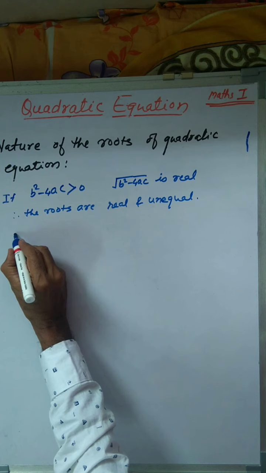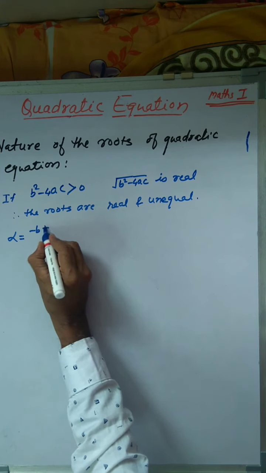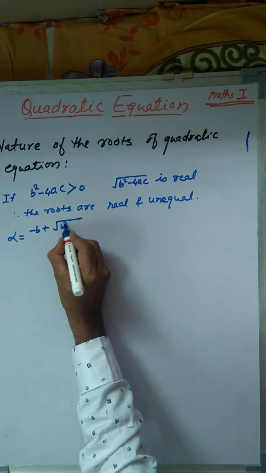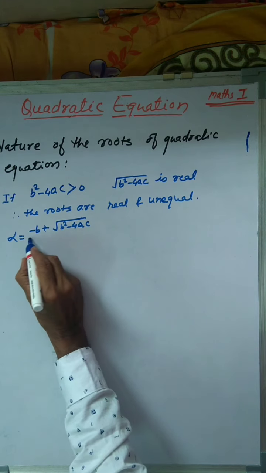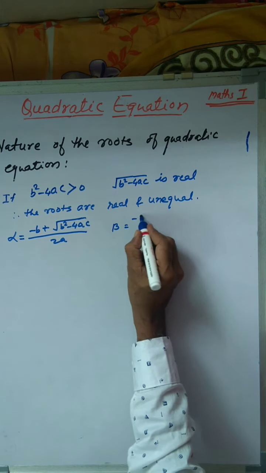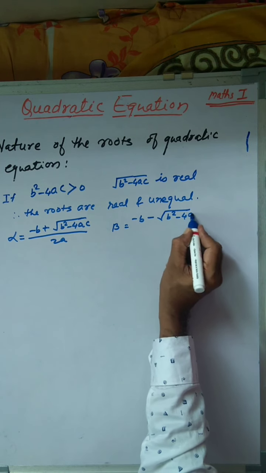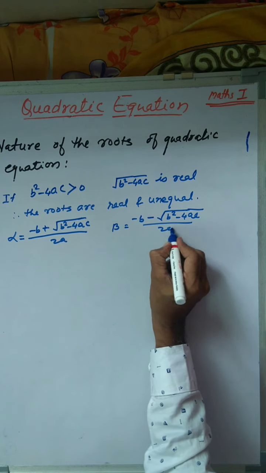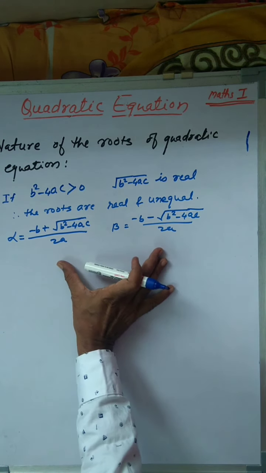That means the roots are alpha is equal to (−b + √(b² − 4ac)) upon 2a, because this is a positive number, and beta is (−b − √(b² − 4ac)) upon 2a.